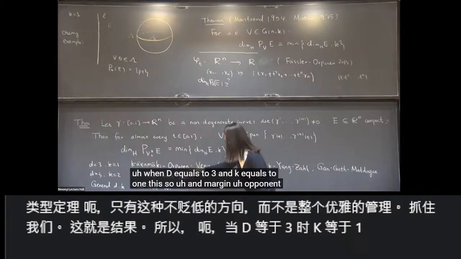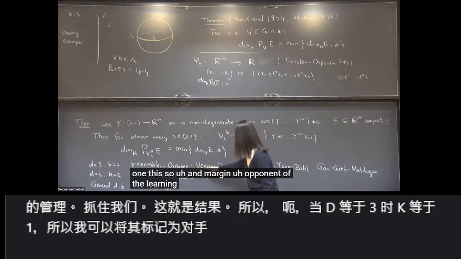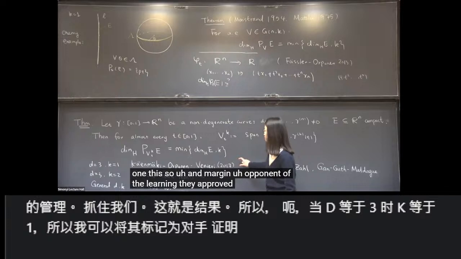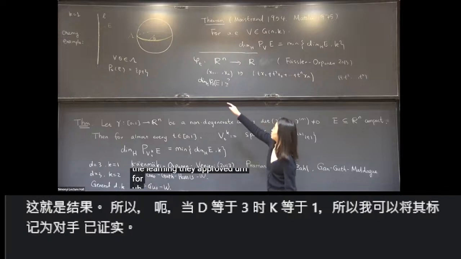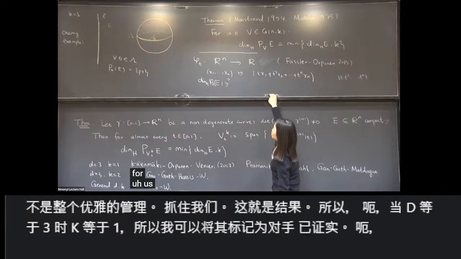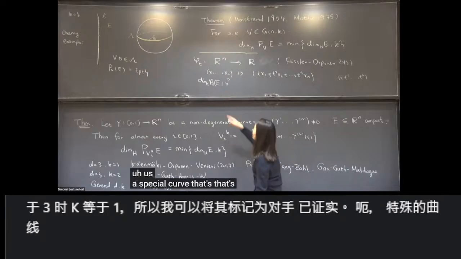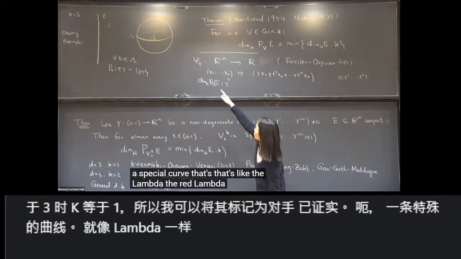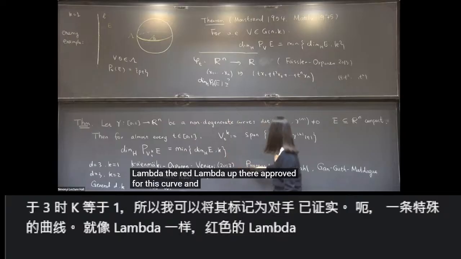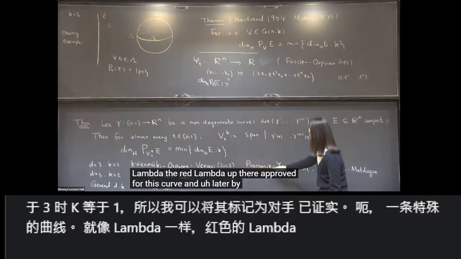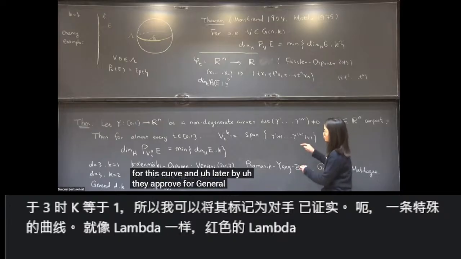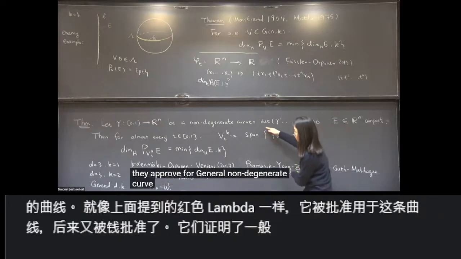Mark, Orponen and Shmerkin proved it for a special curve, like the red lambda up there. They proved it for this curve, and later Yang and Zhao proved it for a general non-degenerate curve.